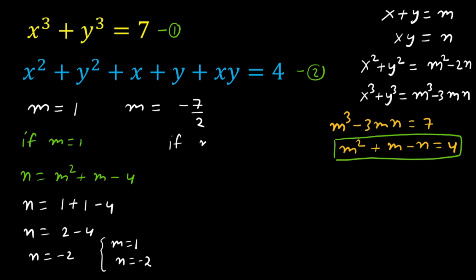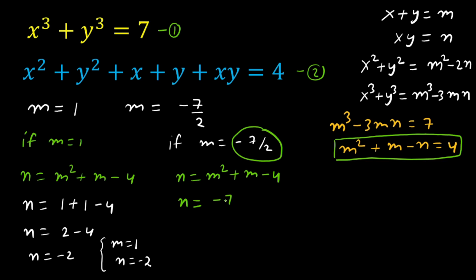Now if m is equal to minus 7 over 2, and we know that n is equal to m square plus m minus 4. Then n is equal to, m is replaced by minus 7 over 2, then minus 7 over 2 bracket power 2, plus m replaced by minus 7 over 2, minus 4.